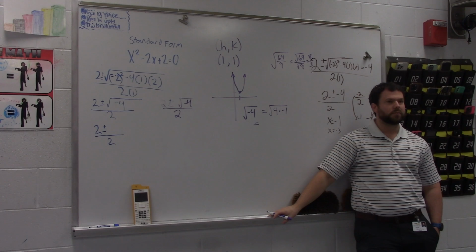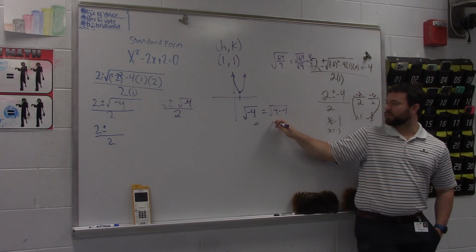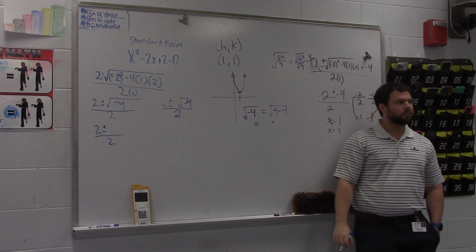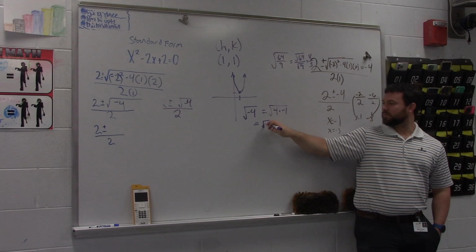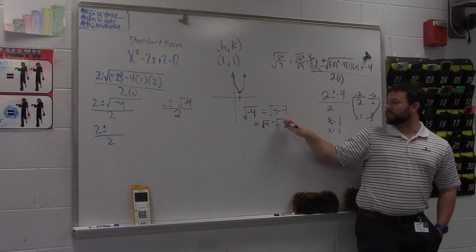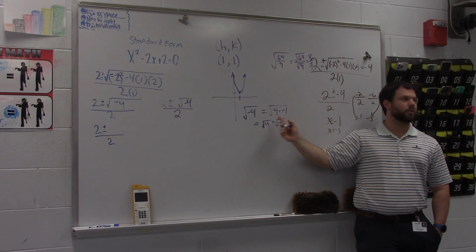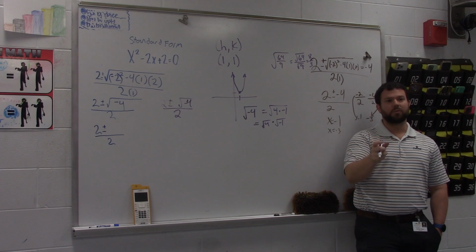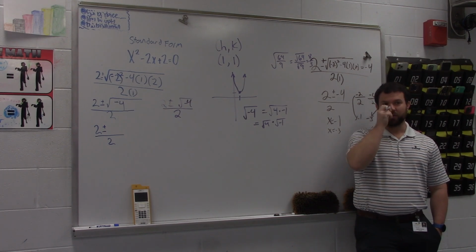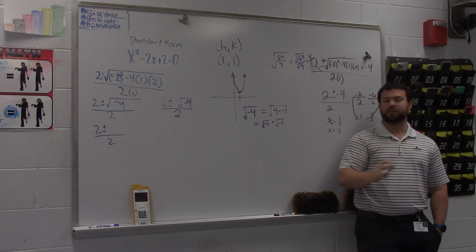So what am I going to do? I'm going to multiply. What am I multiplying? Square root of 4 times square root of -1. Remember, I talked about it yesterday, you can split it up into your factors. If you can rewrite it into factors, then you can split it up into those factors.